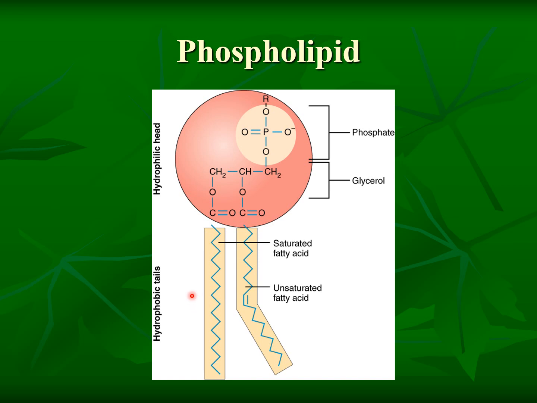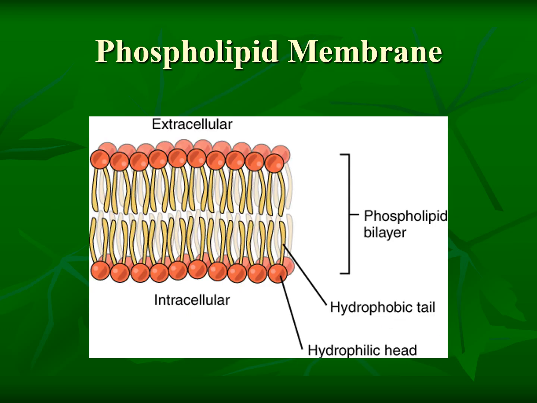One reason for distinguishing that is that this head region, the glycerol and the phosphate group on it, is hydrophilic, meaning it does like water. It will dissolve in water. The tails, once again, are hydrophobic. And that becomes very important. Why? Because in our membranes, the cell membranes, and even within the cell, you're going to see some of the membranes of the organelles within there.